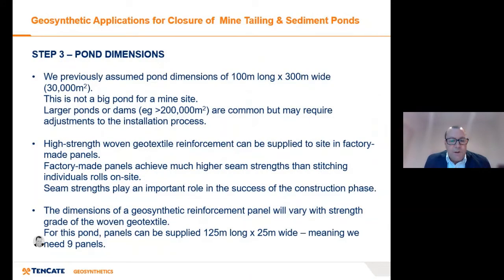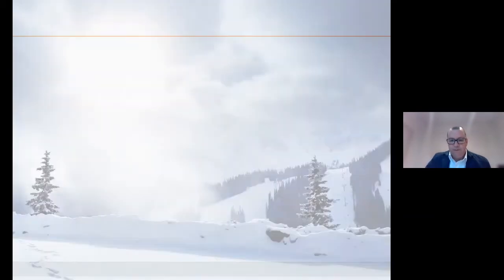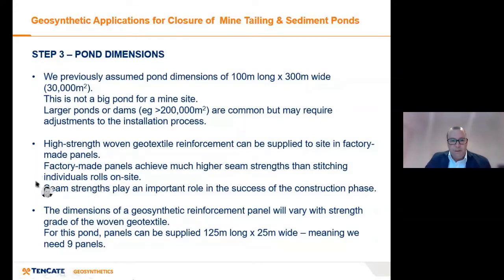Next, we've got to understand the pond dimensions and how they relate to the geotextile panel sizes, a little bit in the buildability phase. So we'll assume a pond of 100 metres by 300. It's not very big. Some dams, as I said before, can be 200, 300,000 square metres or bigger.